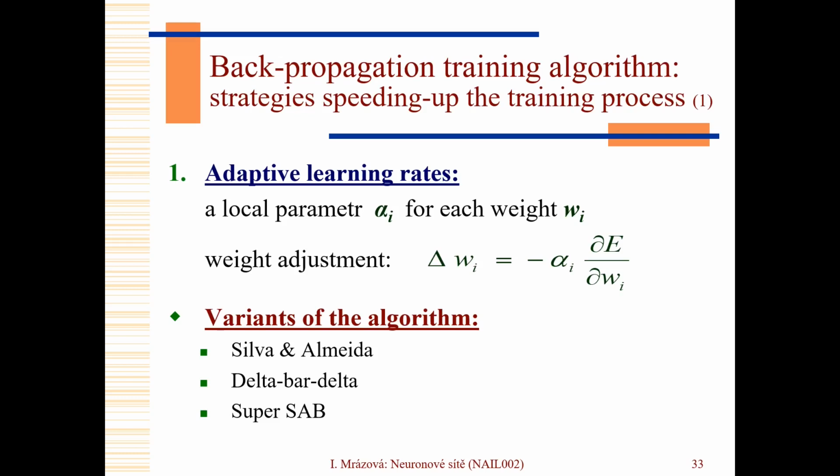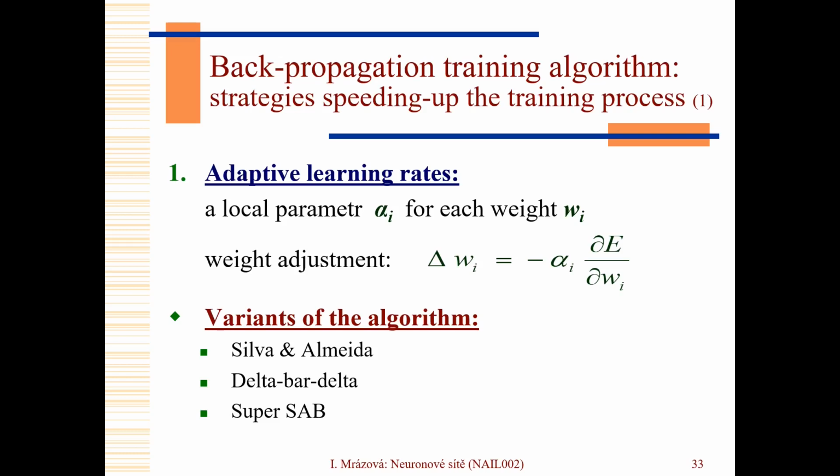The weight adjustment delta Wi will then correspond to the negative gradient of the error function, delta capital E by delta Wi, multiplied by the learning rate for the weight Wi, so multiplied by alpha i, and obviously we are looking for the negative gradient, so there will also be the sign minus. So delta Wi will correspond to the term minus alpha i times delta capital E by delta Wi.